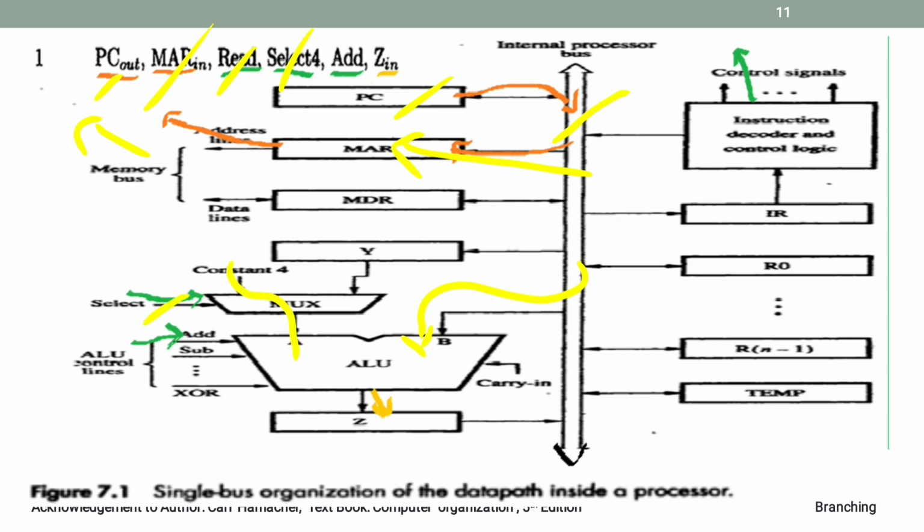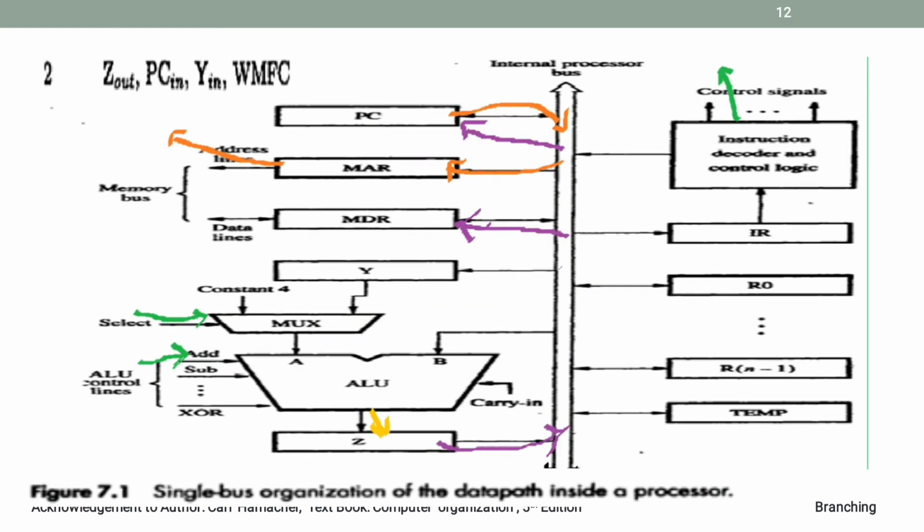So constant 4 comes at the output of MUX as A input to ALU. Add, that is the control signal to ALU. So 2000 and 4 are added, and 2004 will be available at the output of ALU. Z in means 2004, that is the next instruction address, will be stored in Z register.